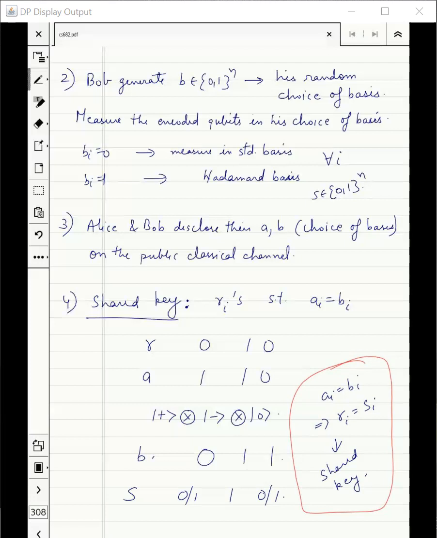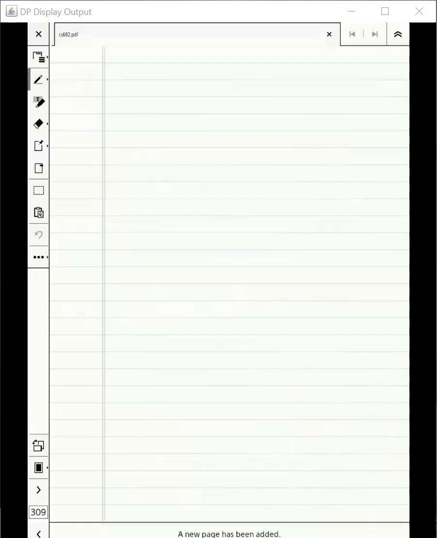Yes, you will measure in the same basis, and then you will get a definitive answer. If you understand this now, then let me ask a few questions to you.